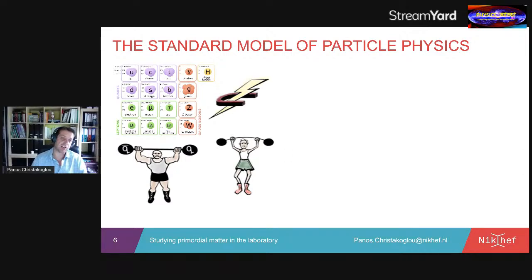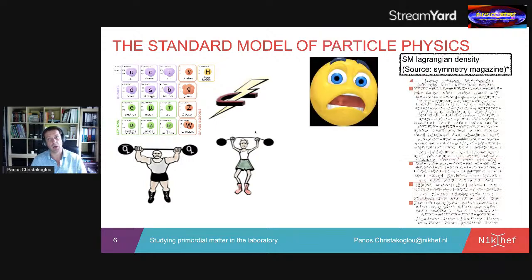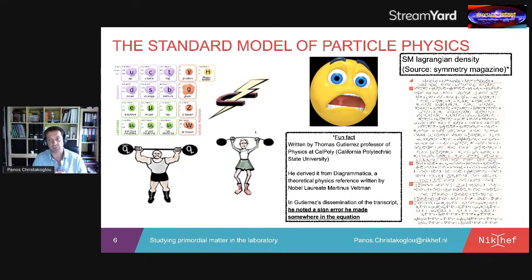Now, these interactions are described, as you probably know from your courses at the bachelor level, by a Lagrangian density, which for the standard model looks quite scary, quite intimidating, like the formula that you see on the right-hand side, which was written by Thomas Gutierrez, professor at Cal Poly in the United States.